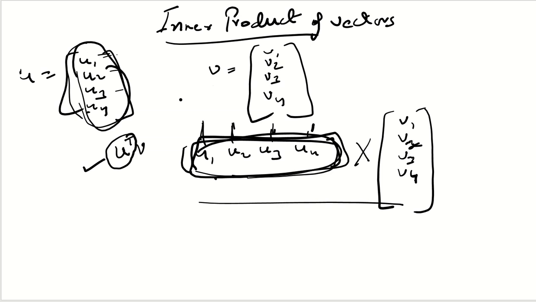So now what I'll do, I'll multiply the first row with the first column with individual corresponding elements. So it will be something like u1 into v1. This will be multiplied to this, individual, second to second, second column here to second row here.